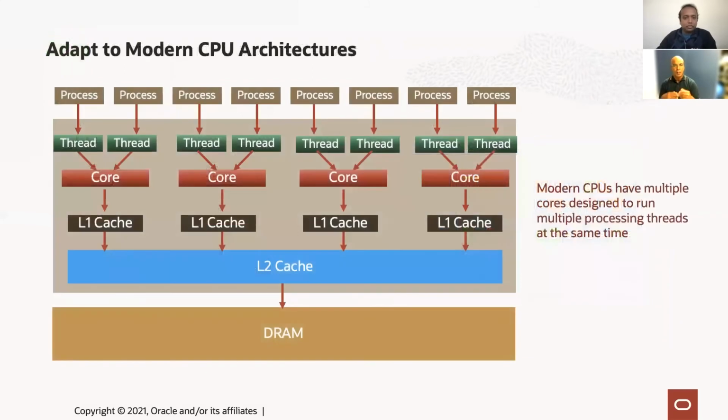So what do I mean by benefiting from modern CPU architectures? As you know, RAC was introduced about 20 years ago, where the typical CPU was actually a single CPU, as I call it. Today, if you look at a CPU, you have a bunch of cores, and you can actually have threading. So we have adapted a lot of our code to benefit from these newer CPU architectures.